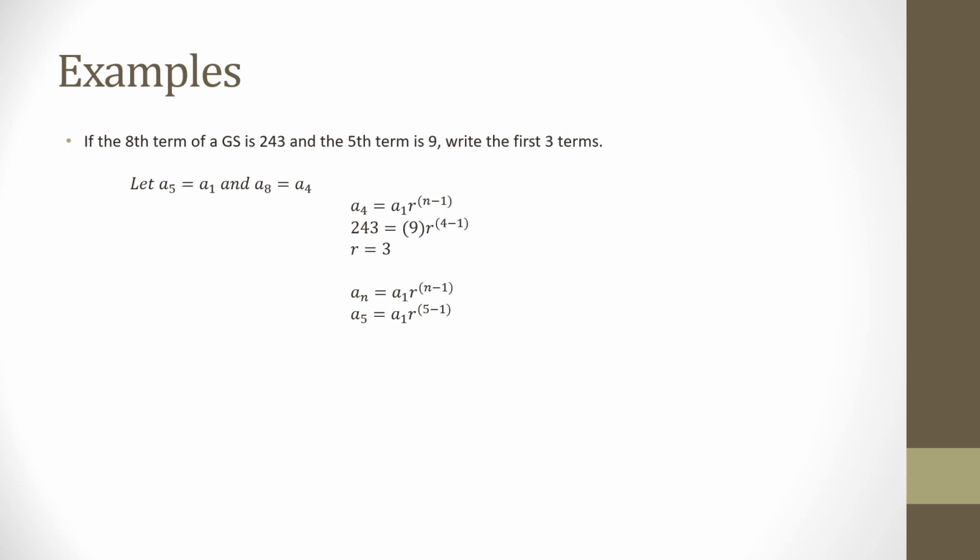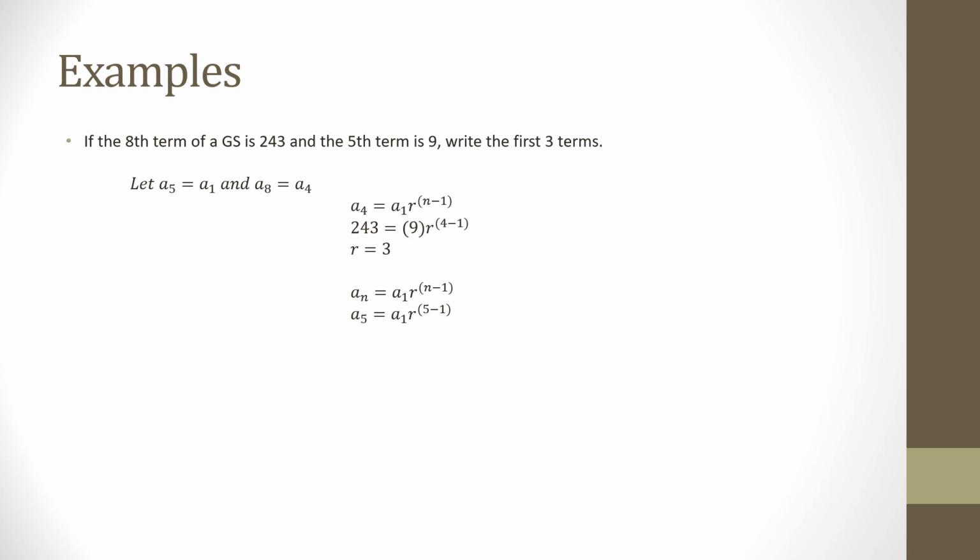Bumalik na ako sa dati. Dito, nag-assume lang ako. Pagkadating dito, bumalik na ako sa dating terms. a sub 5 is 9, so a sub 1 is not 9, okay? Bumalik na ako kasi binalik ko na si a sub 5 na 9. Hindi na siya a sub 1.